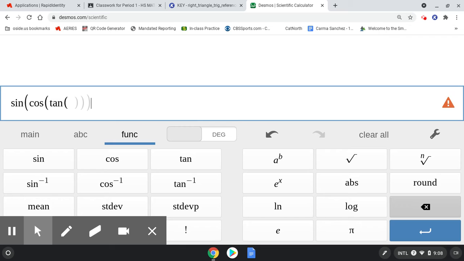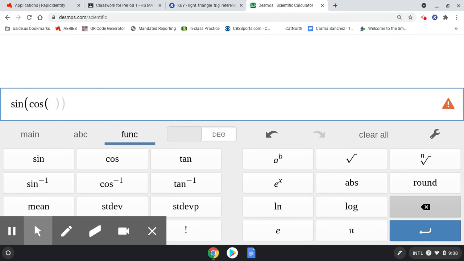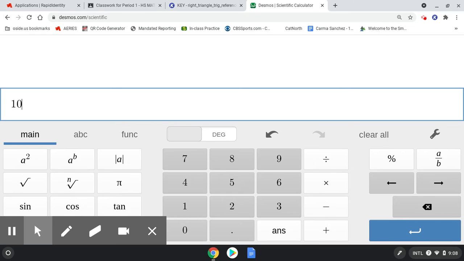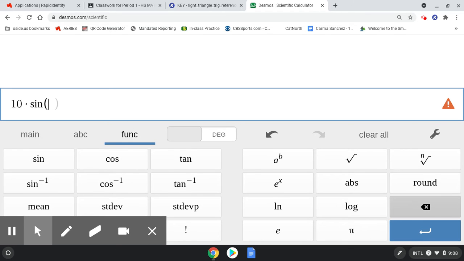So here I go. 10 times the sine of 31 degrees. And so our answer is 5.15. Now notice I'm going to have to round this.